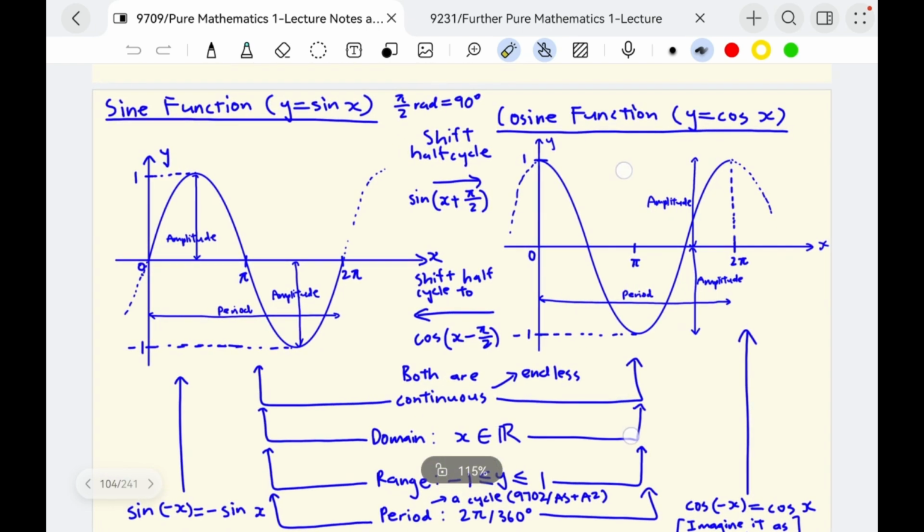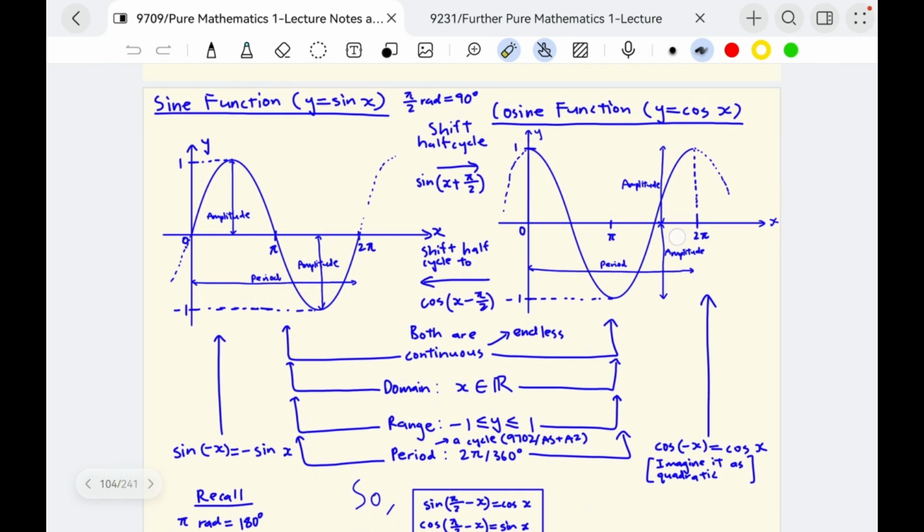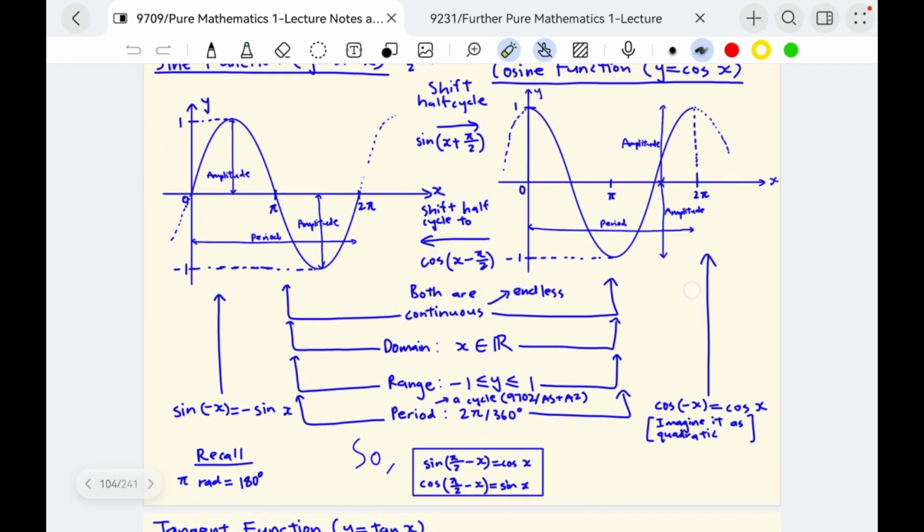Okay, so for the trigonometric functions, what's the difference between sine and cosine? Let's compare and contrast. Okay, so both graphs are sinusoidal waves, just that they have a quarter cycle difference. Okay, when you shift the sine graph a quarter cycle to the left, that is x plus pi over 2, you get the cos function. Otherwise it shifts to the right by, I mean, a quarter cycle.